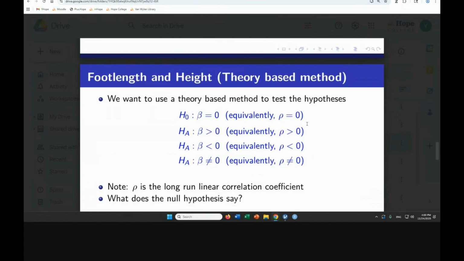Saying rho equals 0 is saying beta is equal to 0. What are you saying when you say that the slope is 0? Yes, a zero slope means the line is horizontal.